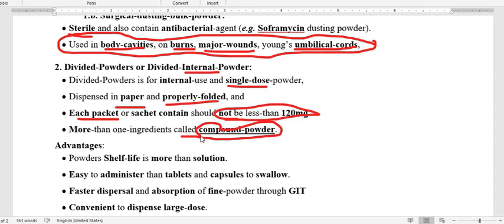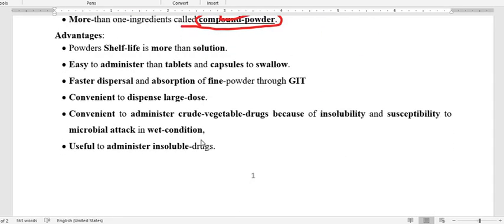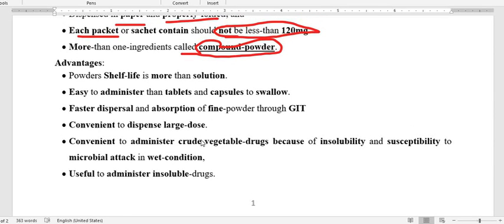So now we have to go through what disadvantages the powder has and what advantages the powder has. First, the advantages of the powder. The shelf life of powder is more as compared to liquid dosage forms like solutions and suspensions.